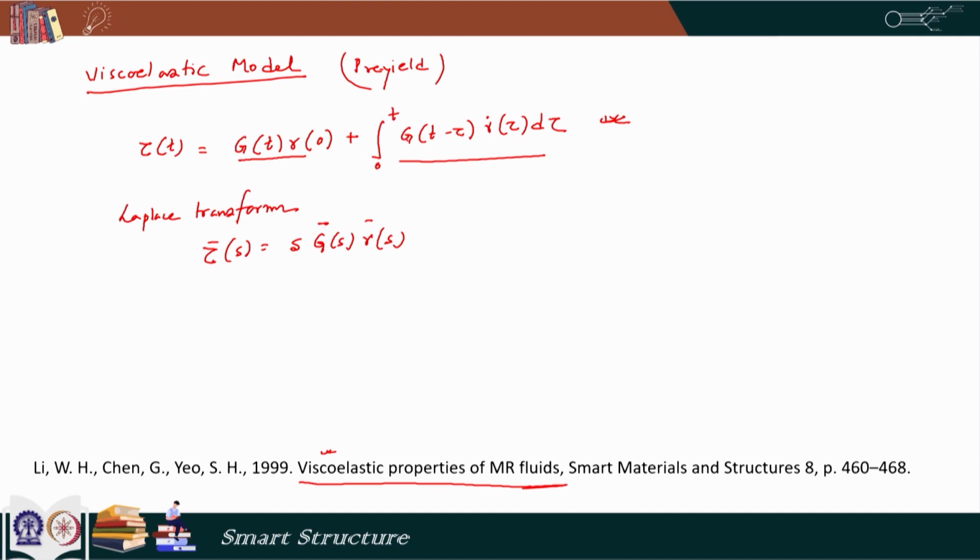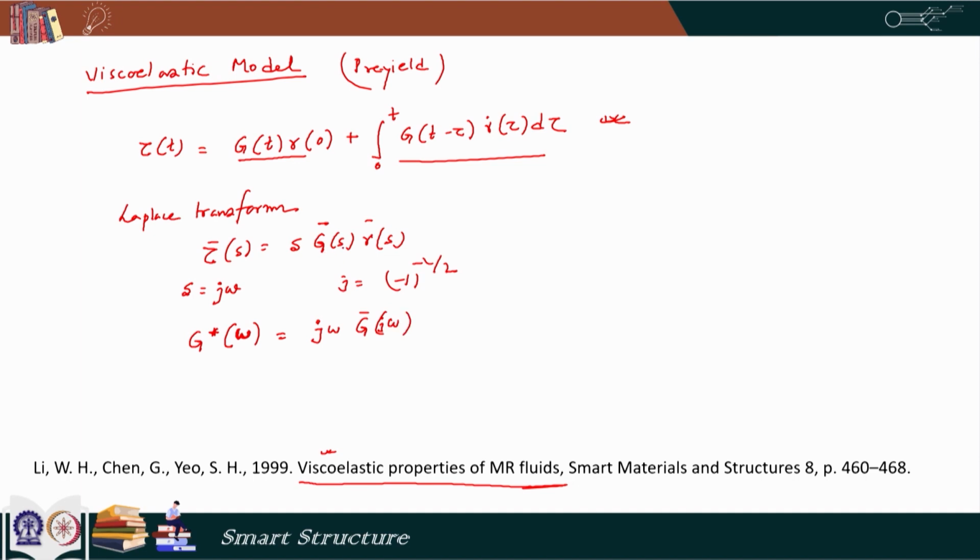Here g bar is the Laplace transform of g and gamma bar is the Laplace transform of gamma. And then if we consider s equal to j omega, where j is our imaginary number, minus 1 to the power half, we get a quantity G star of omega, which looks like j omega multiplied by g bar of j omega.